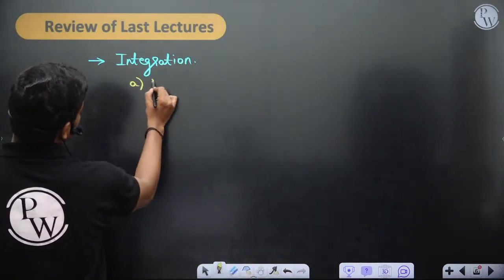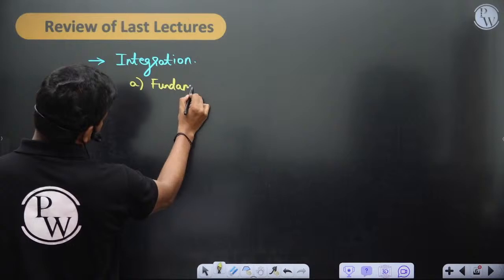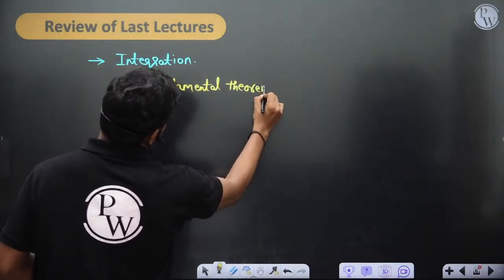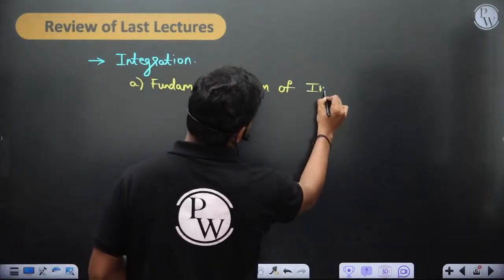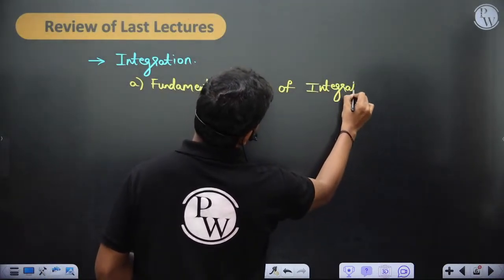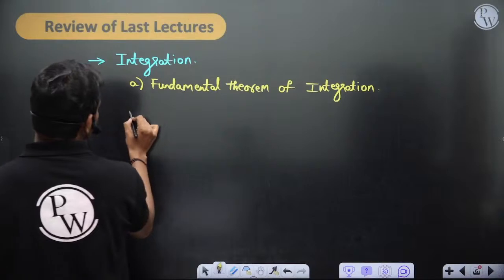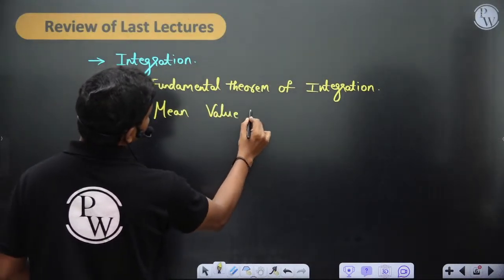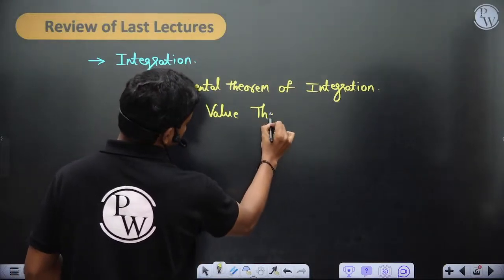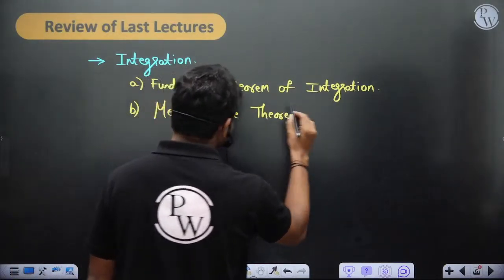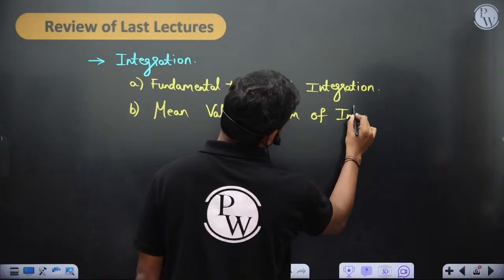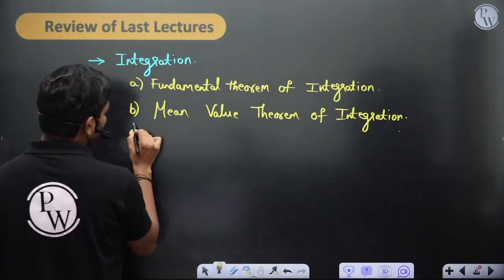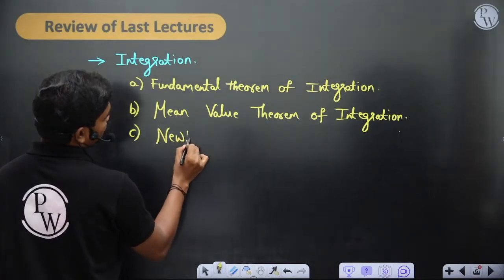One is the fundamental theorem of integration, and secondly the mean value theorem of integration, where we have seen some nice insights. And the third thing is the Newton-Leibniz rule, which we have also worked out.